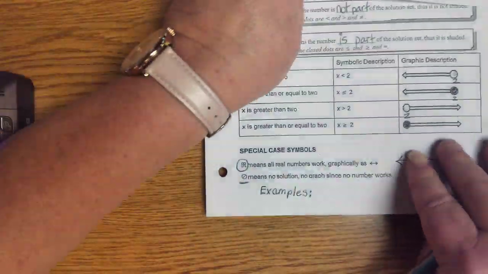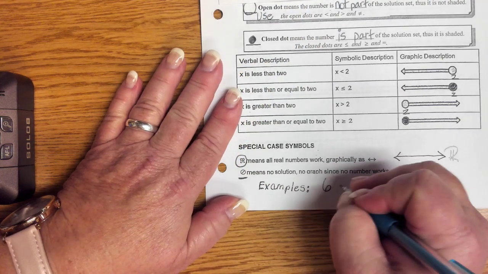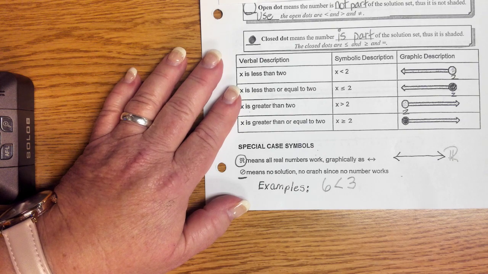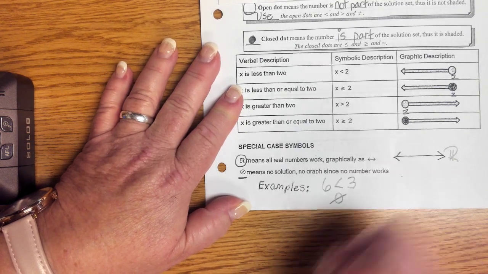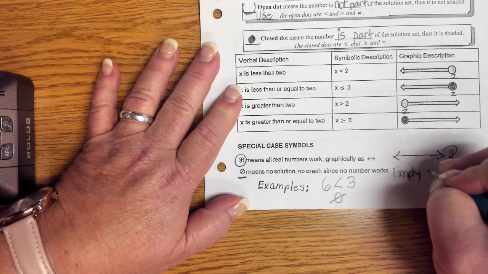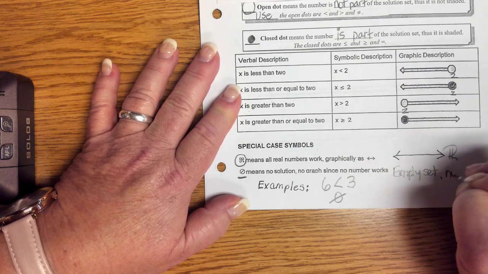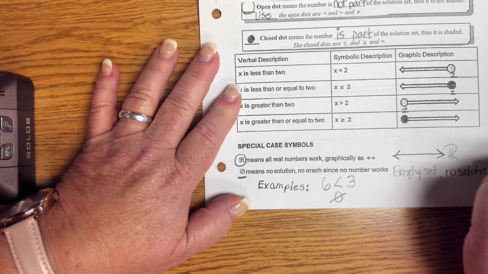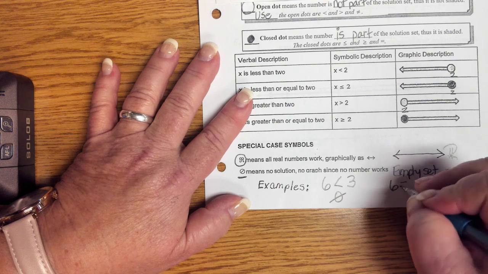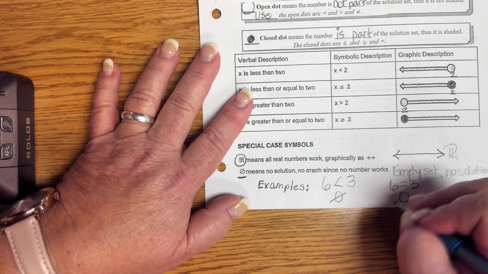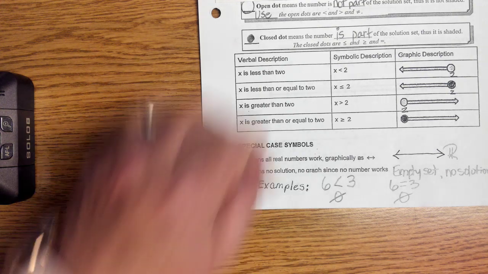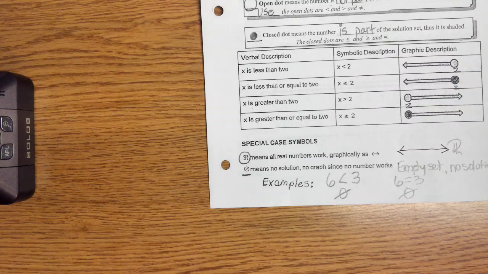Let's do an example. 6 is less than 3. Is that a true statement? So it's the empty set, isn't it? So we call that the empty set, no solution. Any of those terms work, because what if it was 6 is equal to 3? Same thing, correct? Okay. Everybody good? Okay.